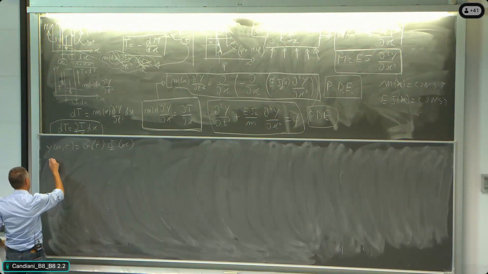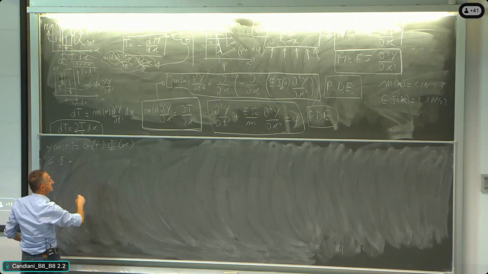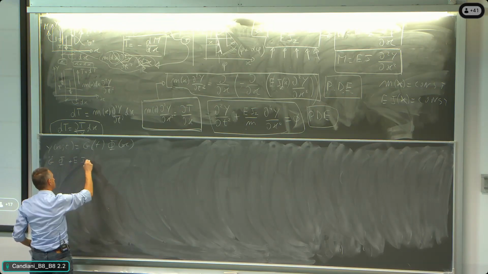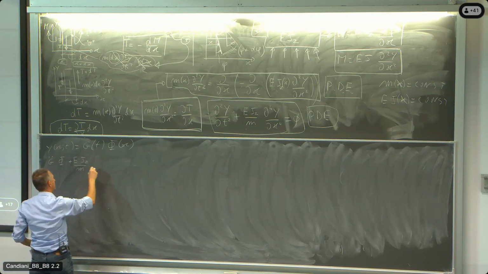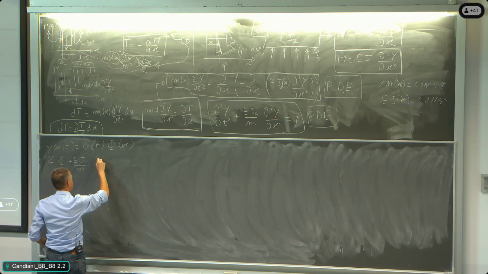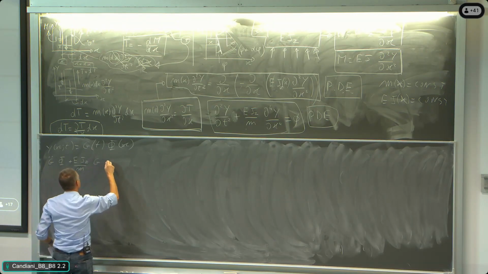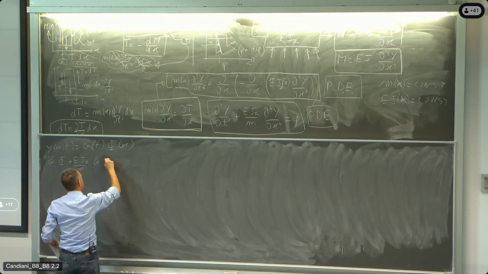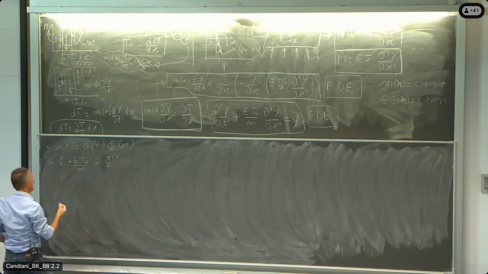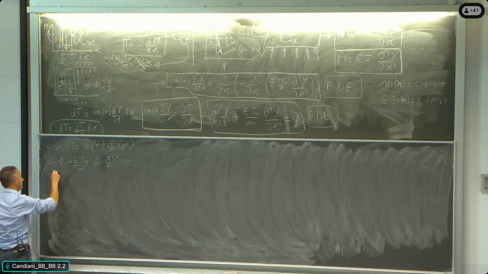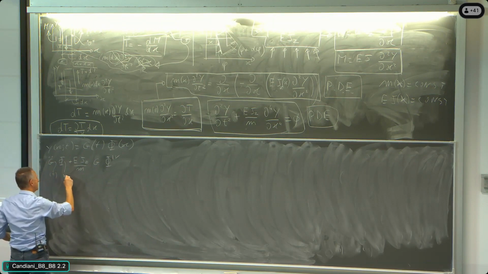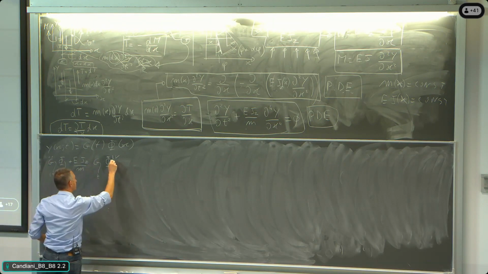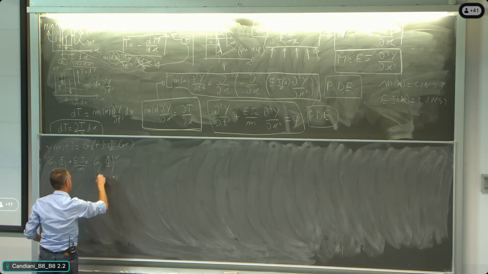And so we write G two dots phi plus EJ Z divided by M, and here I write G phi fourth, all right? Now we remind that this is function of time, this is function of space, this is function of time, this is function of space, all right?